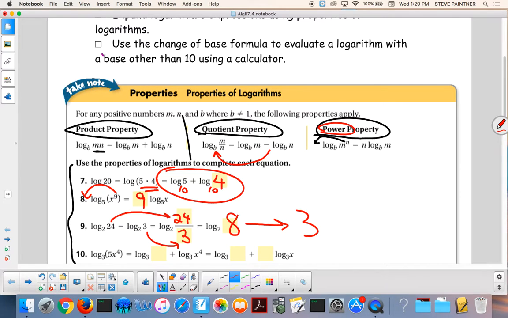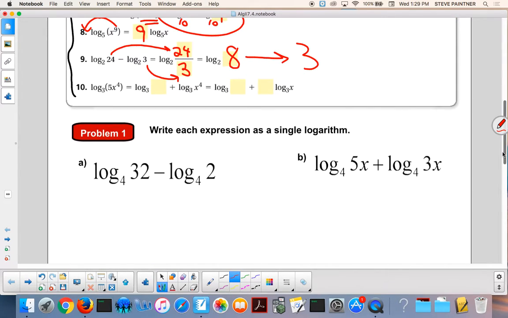Last one. Okay, you're taking the log of 5 times x to the 4th. So right away, you should be thinking, this is a multiplication problem. It should split into addition. So it'd be log of what? 5 is the first number, plus log of x to the 4th, the second number.